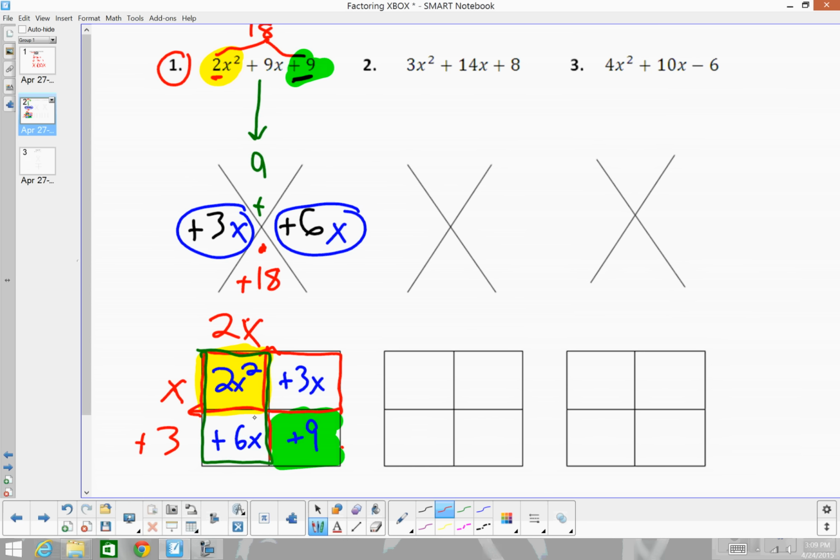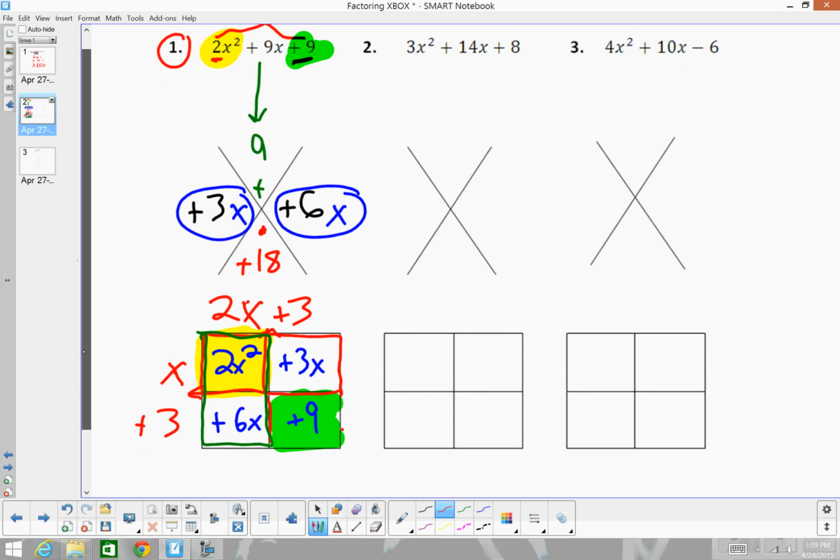So my 2x would be my greatest common factor between those two values. Now my next box is going to be 3x plus 9. What can you divide both 3 and 9 by? You divide both by 3. Now look at your variables. I have an x here and no x here, so I can't pull out any x values. Then, always take the sign that's touching, so the touching box here is positive.